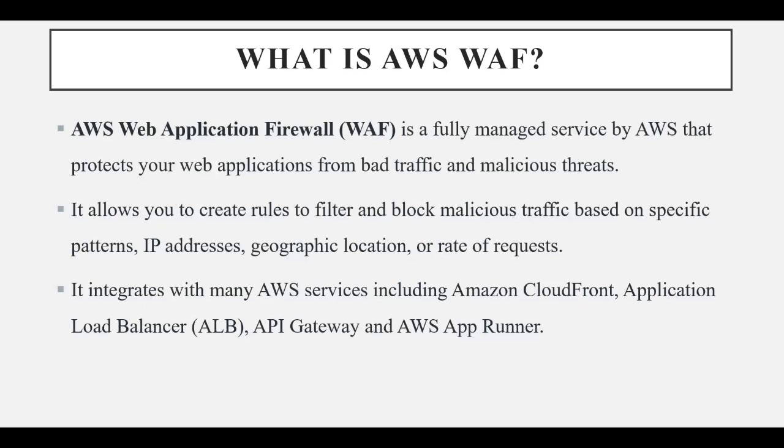When we apply the filter, it tracks any other traffic or links, and it blocks all those malicious traffic based on the filter, like specific patterns, IP addresses, locations, or rate of requests. So it automatically blocks those malicious threats or bad traffic.